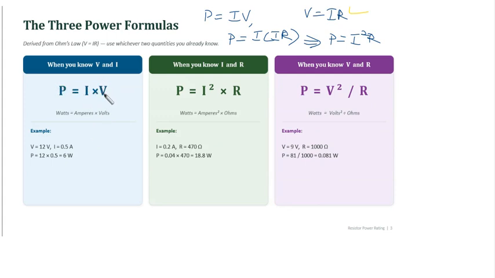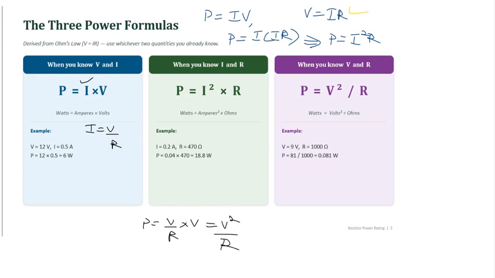From Ohm's law, I is equal to V over R. If we put that into this equation, we have P is equal to V over R, which is I now, multiplied by V.